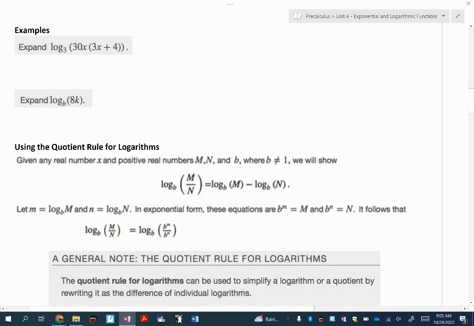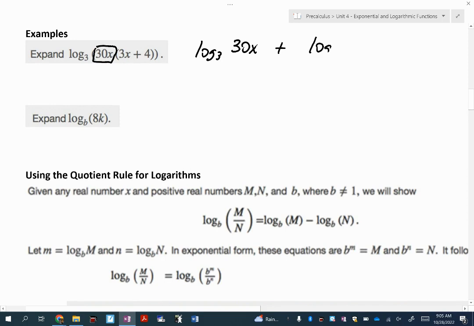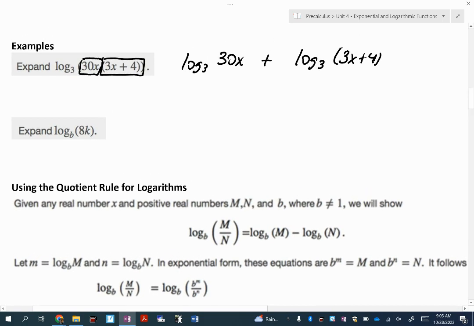So let's use that to expand a couple here. I'm going to write this as the log base 3 of 30x, that's my first argument, and then plus log base 3 of (3x + 4), that's my second argument. Now, let me show you the difference in what we can do from here. This 30 and this x are connected by multiplication, so I'm going to use the product property to expand that again.